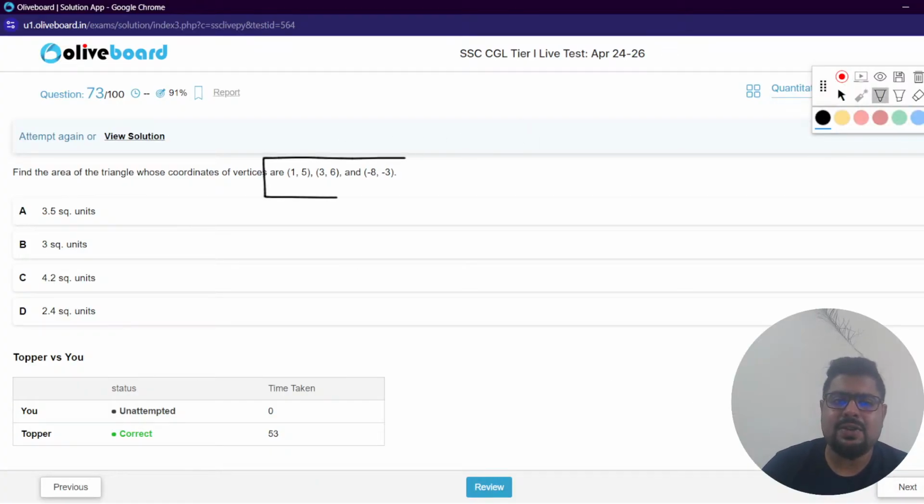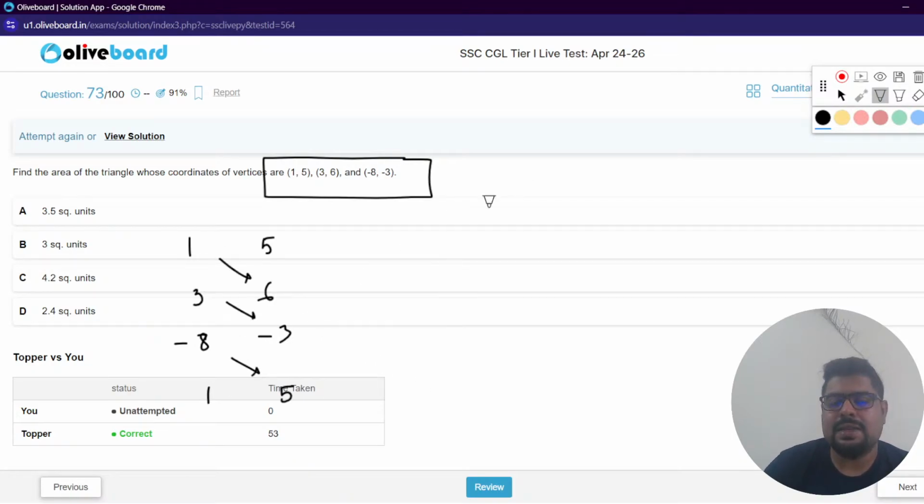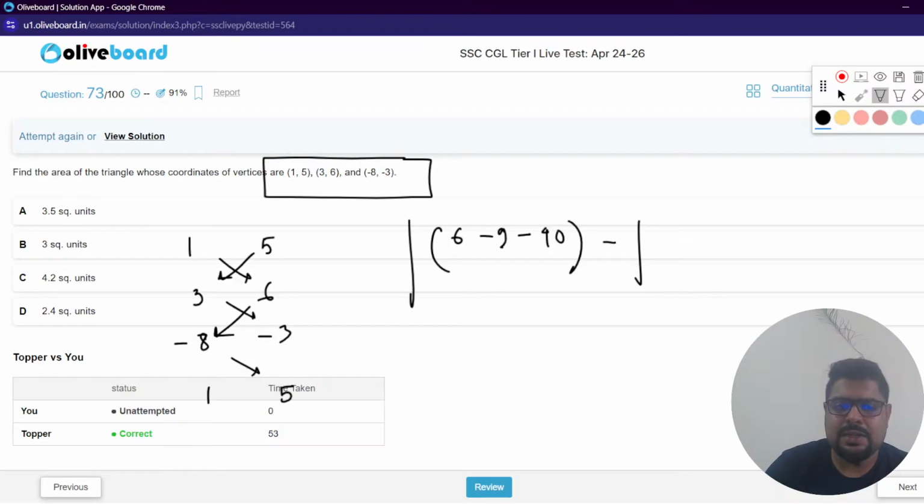Area they are asking. Chalo sir, use the area formula. Again, you can use different techniques. I prefer do it normally. Why go into those problems? 1 and 5. So 6 into 1, 6. This is minus 9. This is minus 40. Minus. The opposite cross, sir. 15, this.